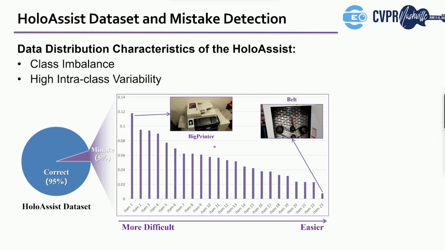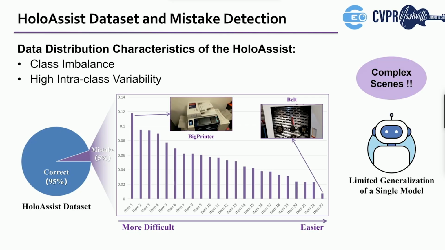At the second level, even within the mistake events, there is a high intra-class variability. That's because the dataset covers many task types and diverse user behaviors from egocentric video. For example, mistakes in belt-related tasks are rare, but for big printer tasks, mistakes are more common.